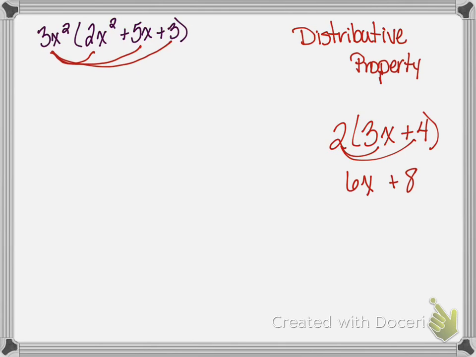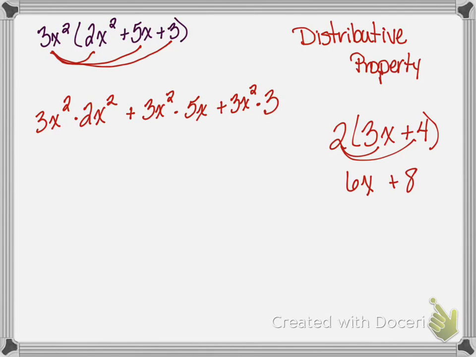So this is going to be 3x squared times 2x squared, plus 3x squared times 5x, plus 3x squared times 3. And I would encourage you to go ahead and write that out even now, so that you can make sure you keep it all clear.